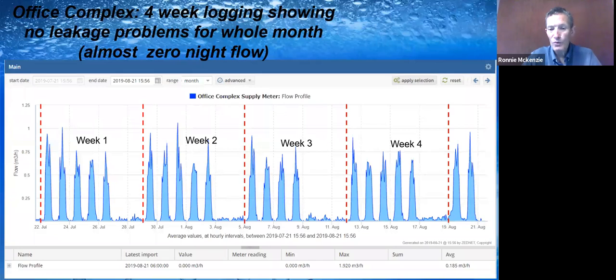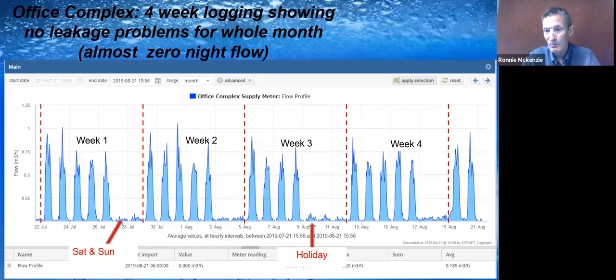This is a 4-week logging result of what you would want to see. And you can see that we've got 5 days where people work, and then we knock off for the Saturday and Sunday. So that's quite nice. You might not always do that. You might have a Saturday and Friday and Saturday off, for instance. You can see that we pick up holidays quite easily.